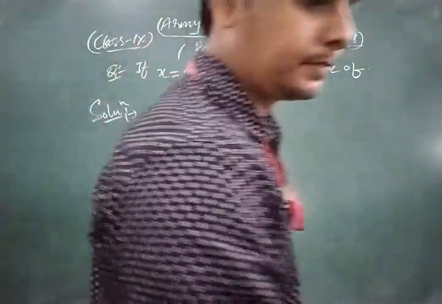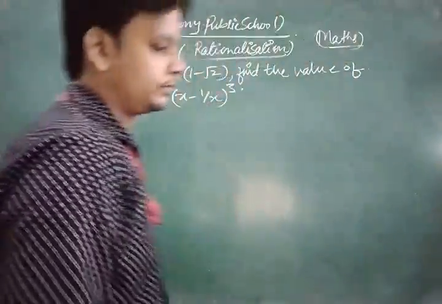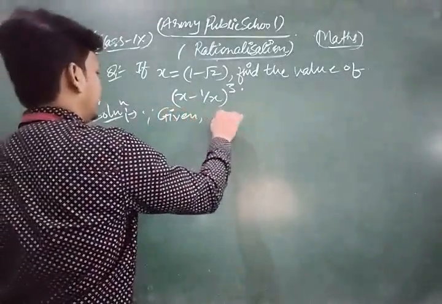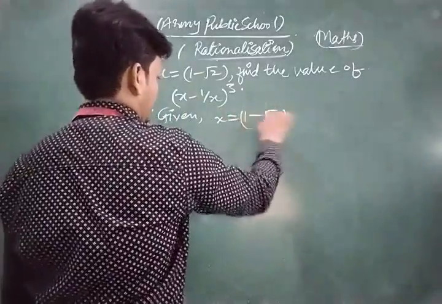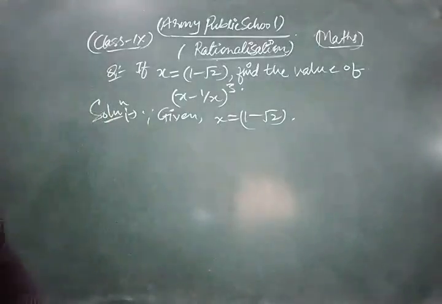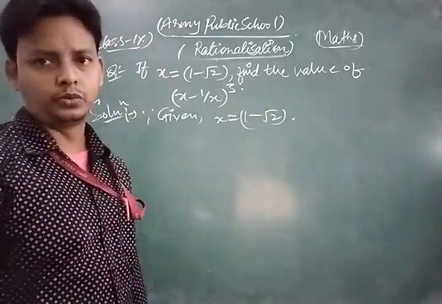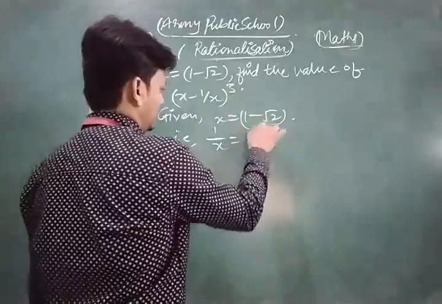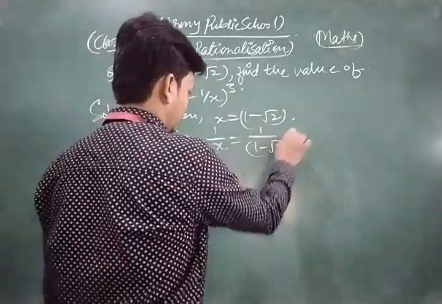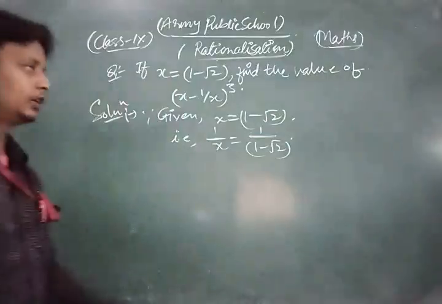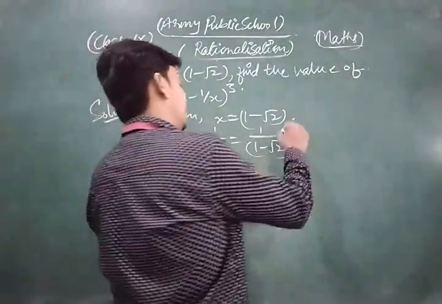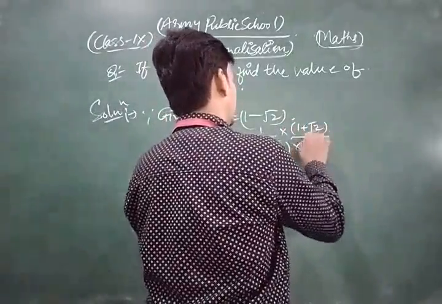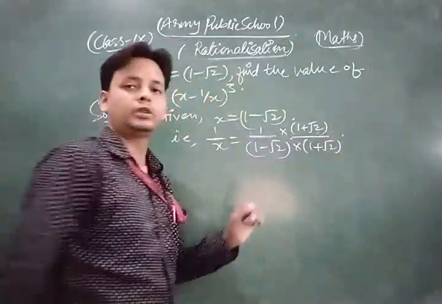Look, since given x is equal to 1 minus under root 2, now the value of 1 upon x is what? 1 upon 1 minus under root 2, and now we simplify them. Now we rationalize them: you must multiply both the numerator and denominator by 1 plus root 2.